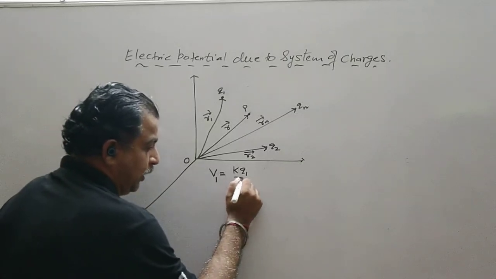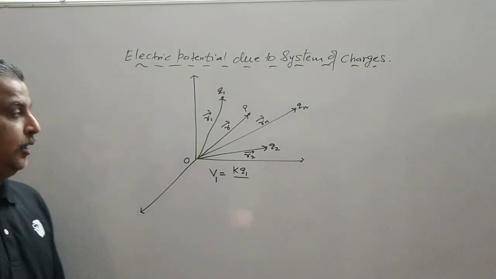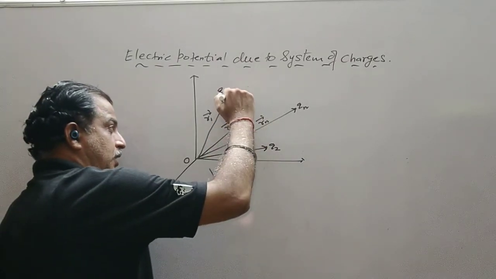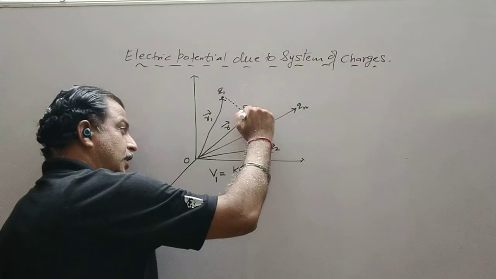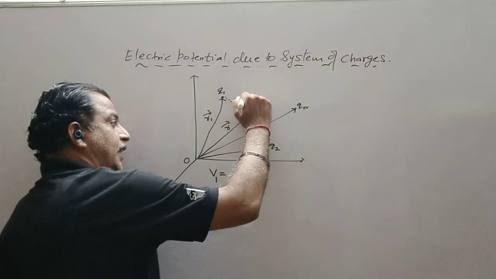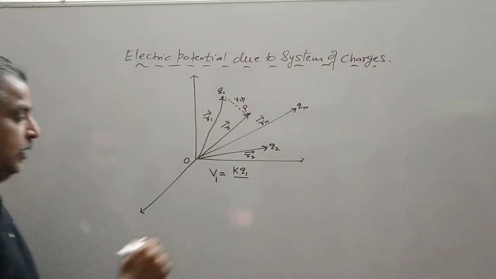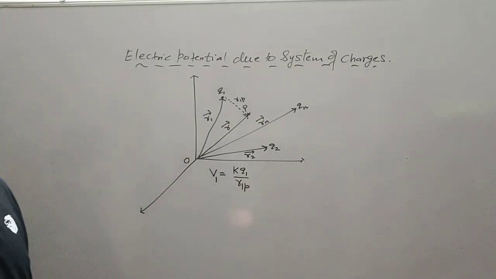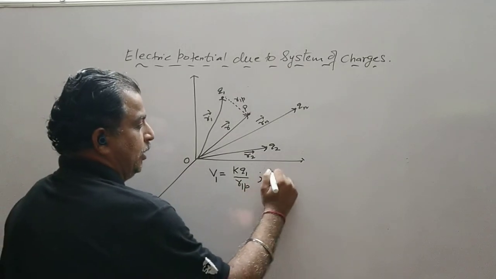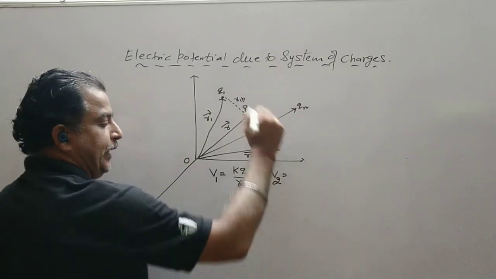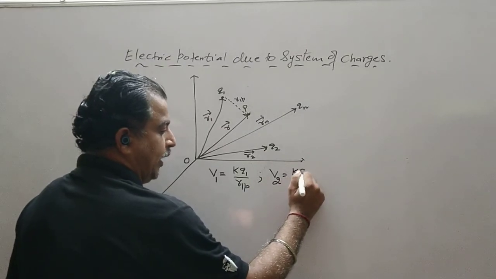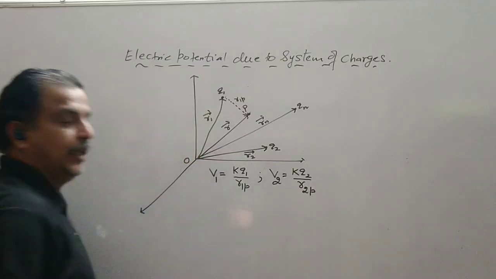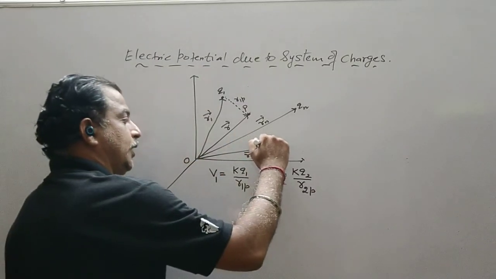Now in the denominator it should be the distance between test and source. This is our test charge, this is your source. So this distance will be written as R1P, the distance of point P from 1. Similarly, potential at P due to Q2 is K Q2 upon the distance between 2 and P, that is R2P.